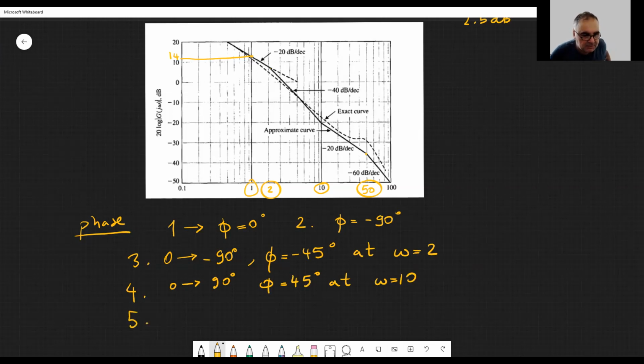And the fifth one is 0 to minus 180 degrees, phi equals minus 90 degrees at omega equals 50.